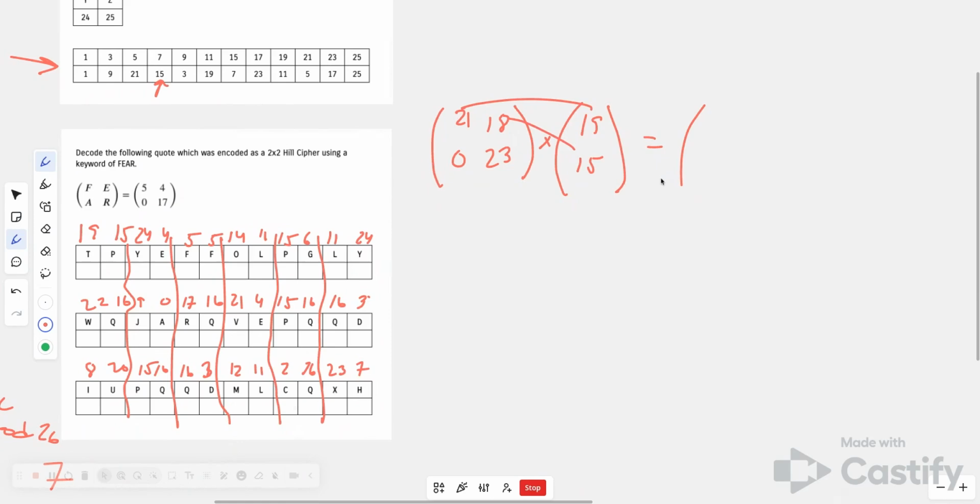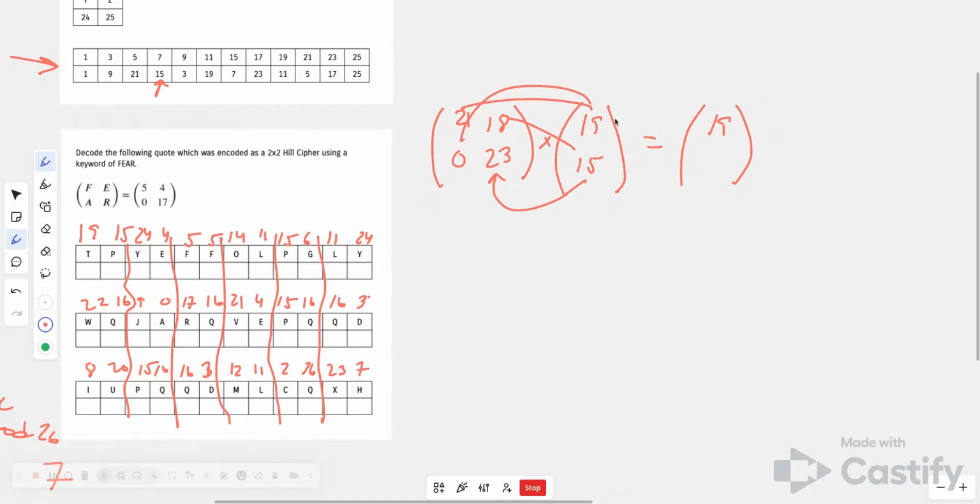So 21 times 19 plus 18 times 15. That's going to give you 669. But then we have to do mod 26 to get that between 0 and 25. So that would give you 19 here. And then for the second number, we're going to be doing 19 times 0 and then 15 times 23.